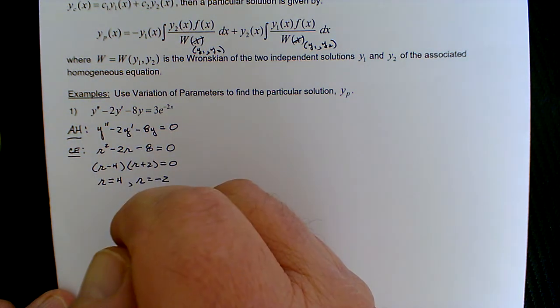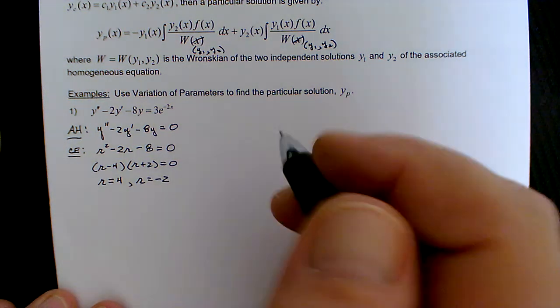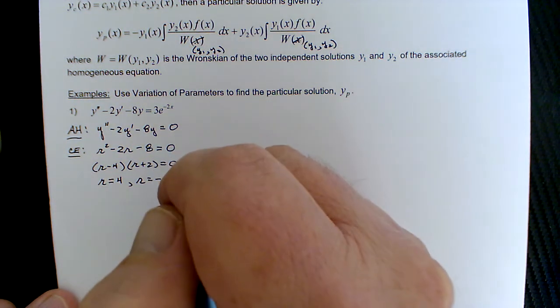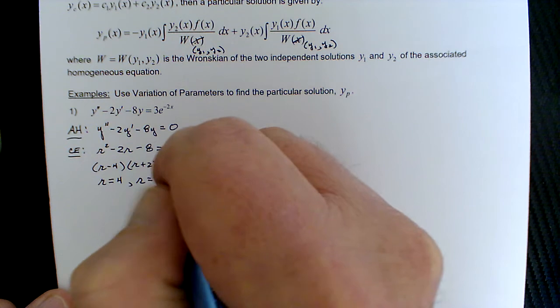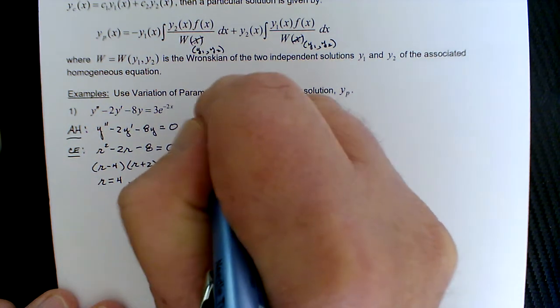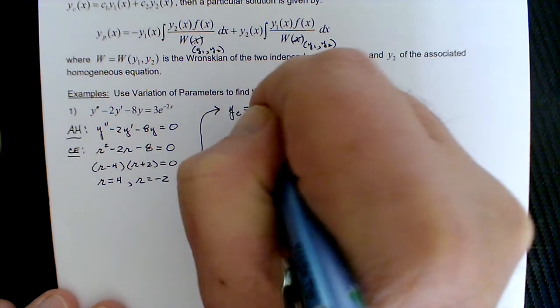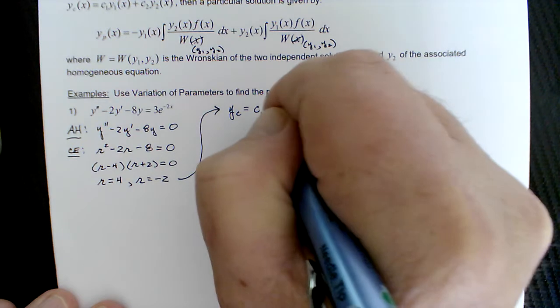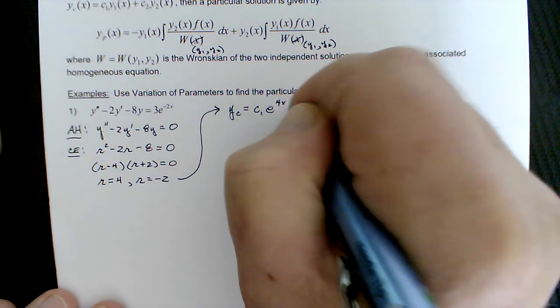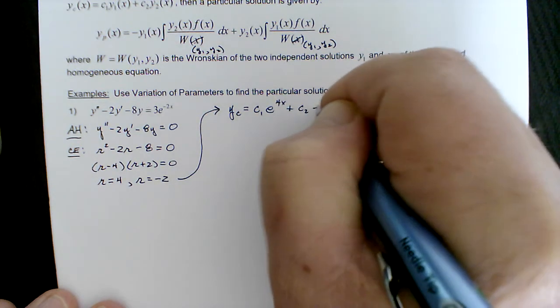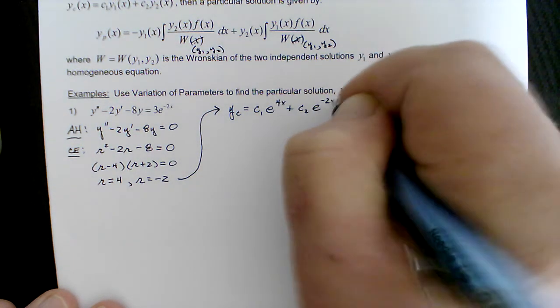And so then our complementary function, because these are real distinct roots, would be y sub c is going to be c1 e to the 4x plus c2 e to the negative 2x.